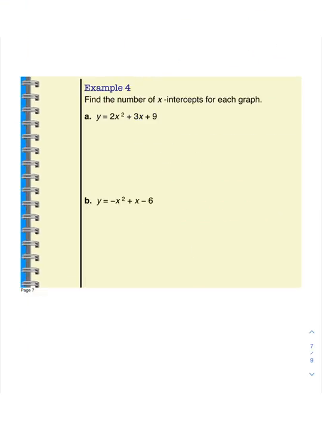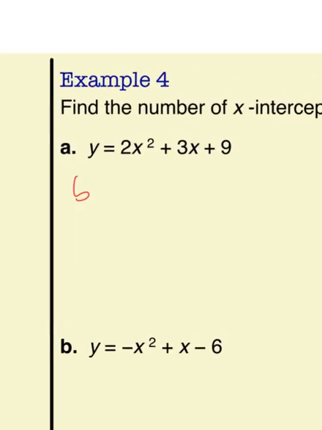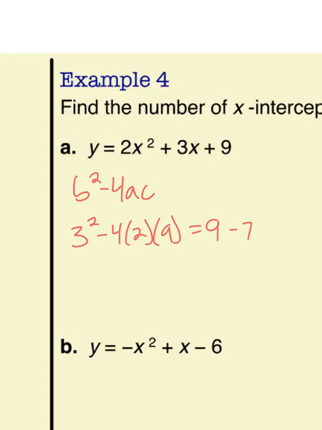In this example, when it says find the number of x-intercepts for the graph, it is also asking us to use the discriminant. So discriminant is b squared minus 4ac. So our b term is 3. I have 3 squared minus 4 times 2 times 9, which is 9 minus 4 times 2 is 8 times 9 is 72, or negative 63.